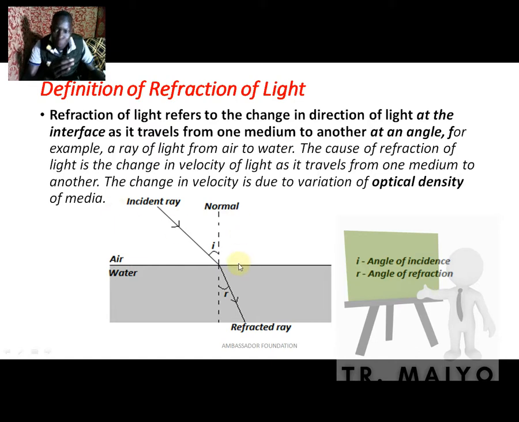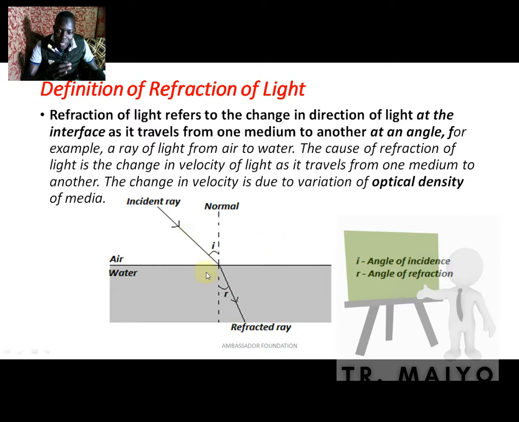Now here, we have three terms I want you to see. We have the incident ray, the normal line, and the refracted ray. The angle between the normal and the incident ray is called the angle of incidence.